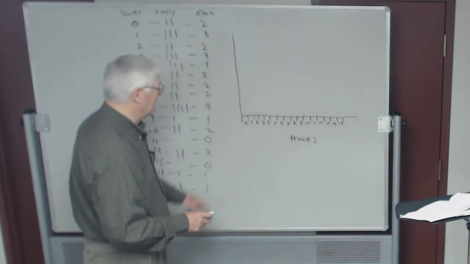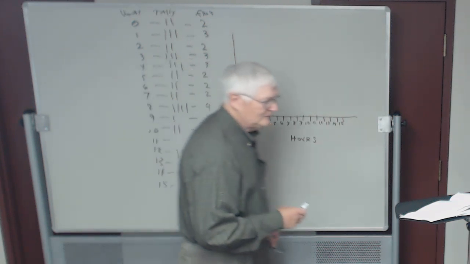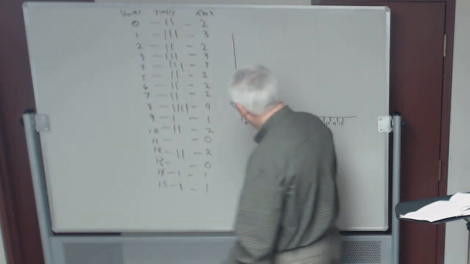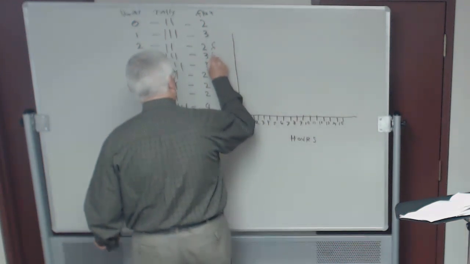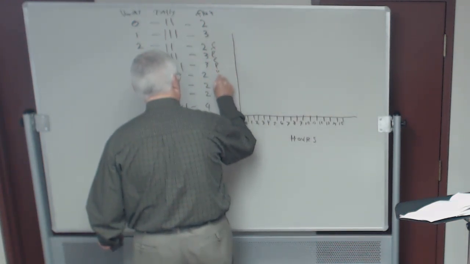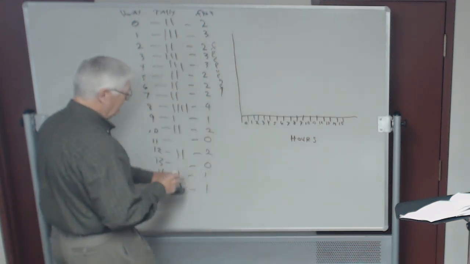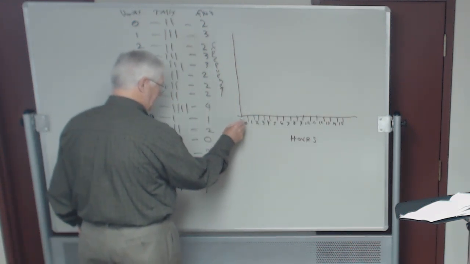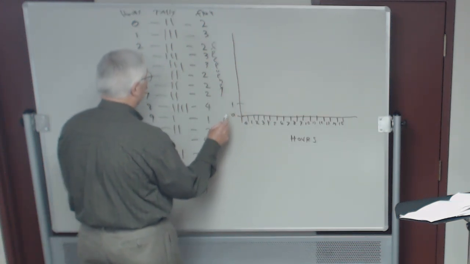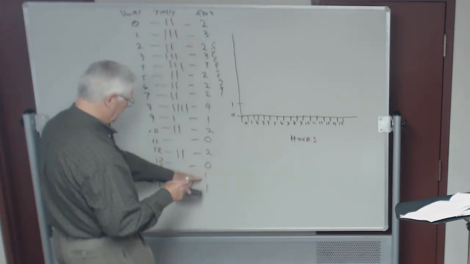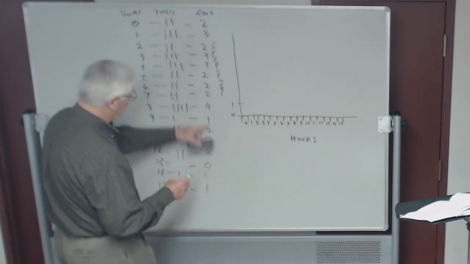Why did you put the numbers in between? I'll show you. Now, what's going up the side? Frequency. And those numbers would be from what? 0 to 15, or 0 to 30.